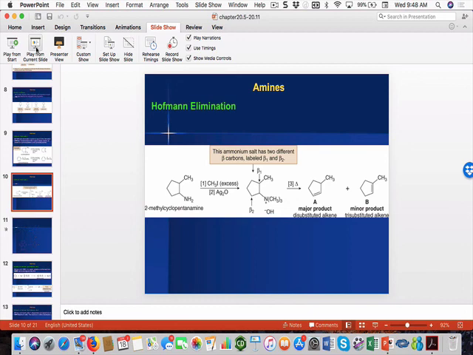Saponification? Don't ask me to spell it out loud. I'll always mess it up. I've got to write it down. But you also have to remember you get an alcohol. In this case, the alcohol happens to be a phenol.